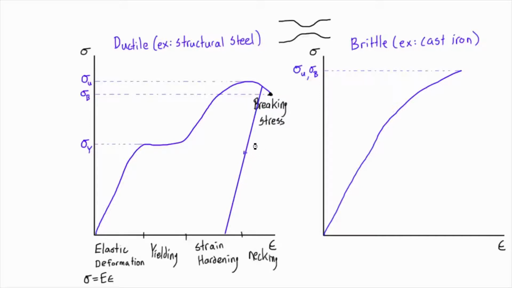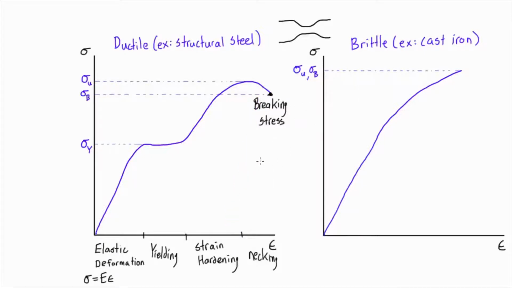When we unload the member, we'll follow this profile of the stress strain curve, and then if we reloaded the member again, we're not even going to get to this point again before we get closer to that breaking stress.